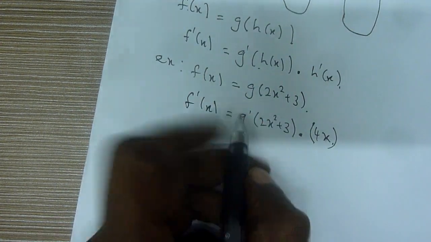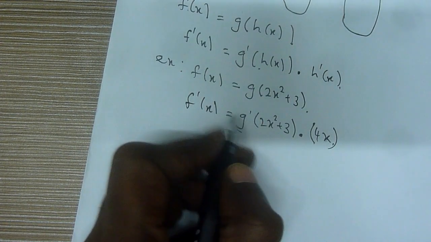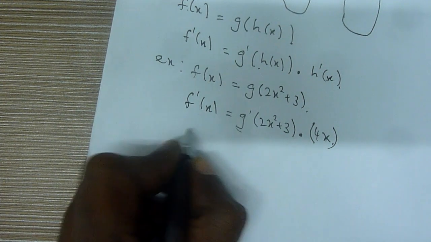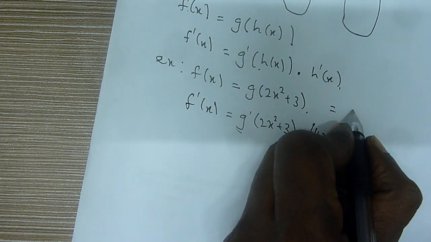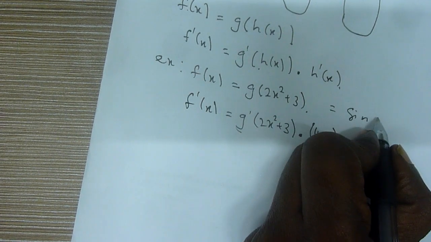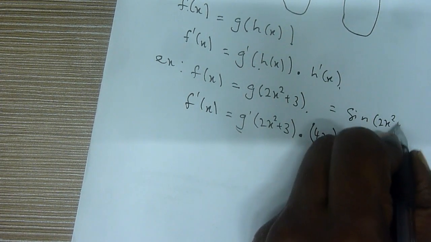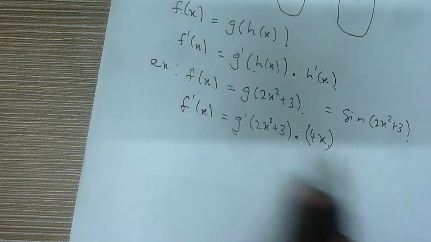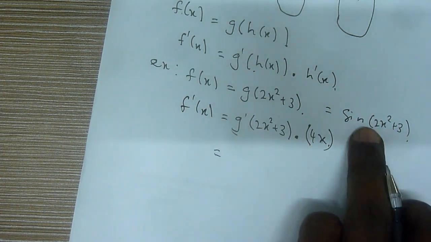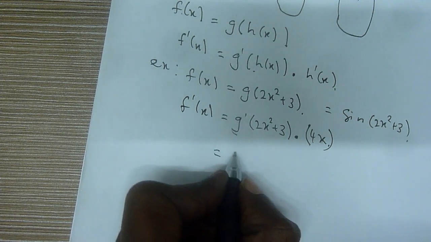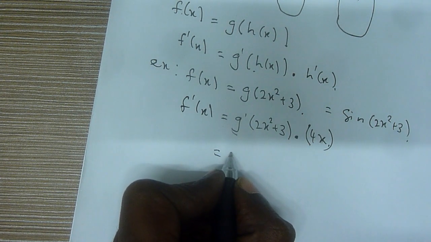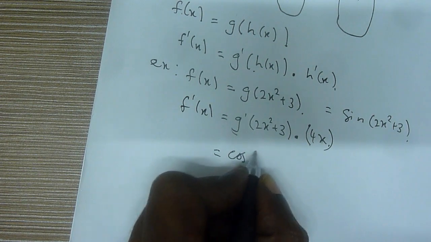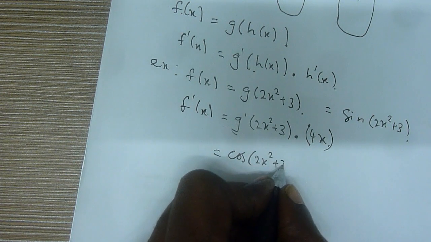Now let me put it to you, what is g. Okay, if I start with this kind of example, like sin(2x^2 + 3), then what you need to do is differentiate the sine first. Okay, you can see the sine, therefore it becomes cos(2x^2 + 3).